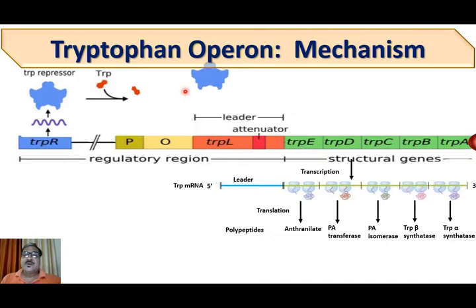Thus, in this repressor operon, if the product is present in the medium, the operon is switched off. And if that product is not there in the medium, then the operon is switched on. So such a type of operon we call a repressor operon.